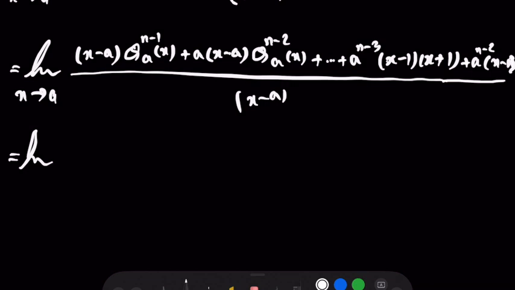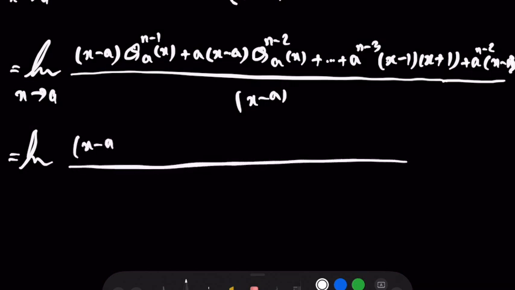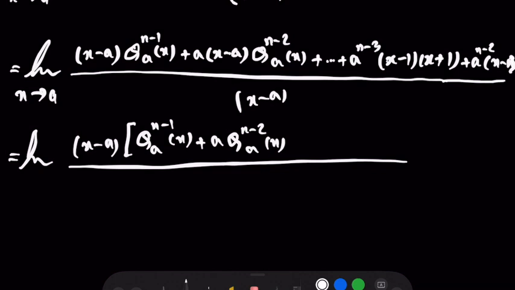It's the limit of x minus a times q n minus 1 a at x, plus a q n minus 2 a at x, plus a to the power of n minus 3 times x plus a, and plus a to the power of n minus 2, divided by x minus a, when x approaches a.